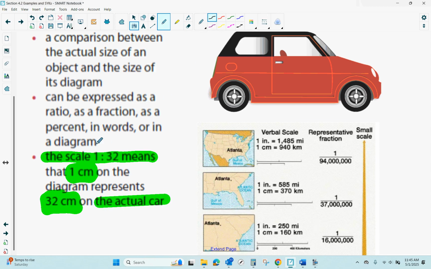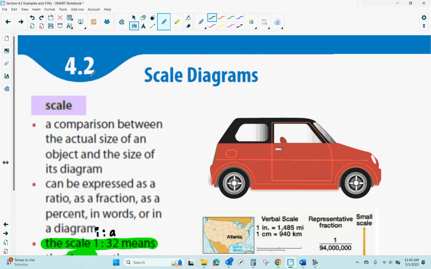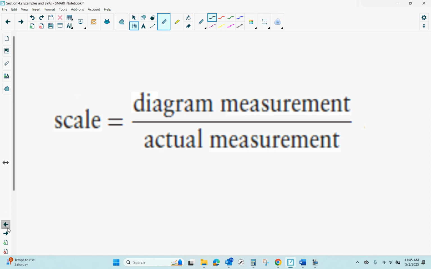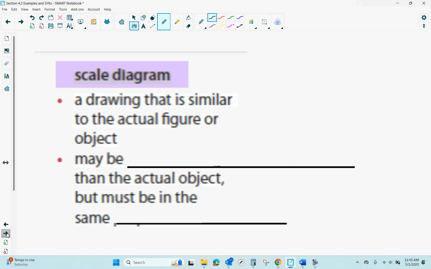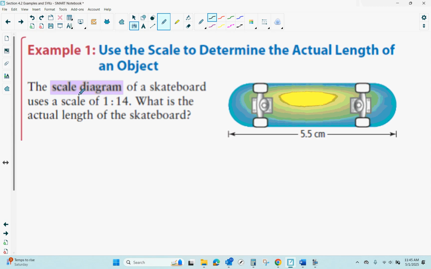Okay, so remember that scale is always image to actual. 1 centimeter on the image is equal to 32 centimeters on the actual car. So we're going to use these scales now to solve some questions.